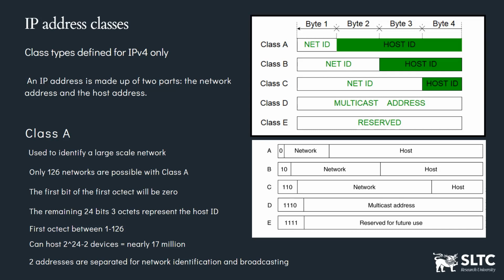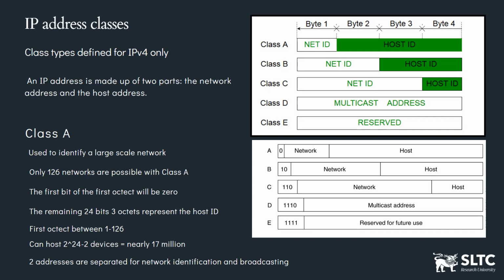Once we calculate the total amount that class A can serve, we can take 2 to the power 24 minus 2 devices. So it is nearly 17 million, right? In here, we take the total number of possible IP addresses minus 2 because we want to reduce the 2 addresses which we allocate for network identification and for broadcasting.